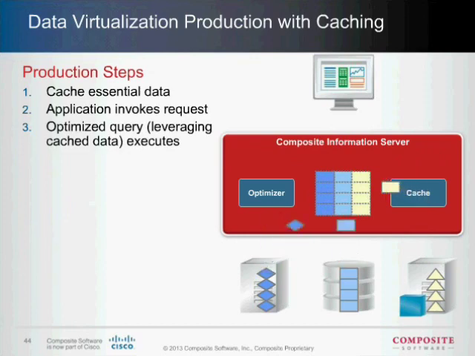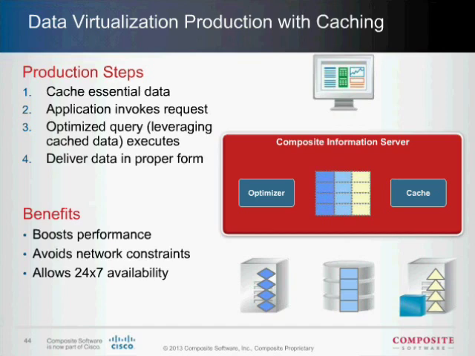So by using a cache as part of your data virtualization environment, you're essentially creating a middle ground between a traditional data integration and replication and a fully live data virtualization that we've been discussing so far, and it gives you a lot of opportunities to do partial integration and partial pre-materialization.